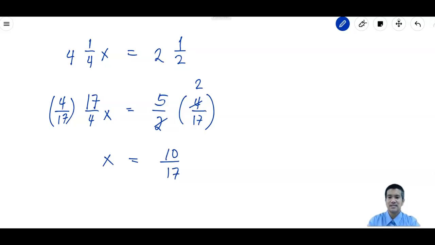Okay, so that is how you handle a fraction or a mixed fraction in the problem. You only have to find the reciprocal, or the inverse, of the given coefficient so that it becomes 1.